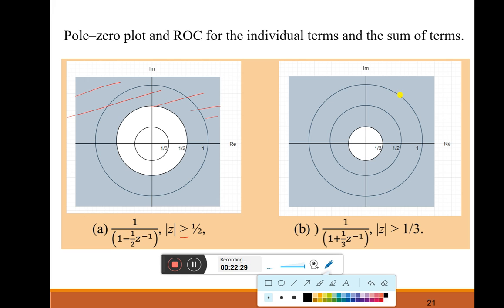Now, where is your ROC? Okay, so dekat sini you dah lorek 1/2. Okay kan? Dan 1/3 pun lorek kat luar 1/3 ni.